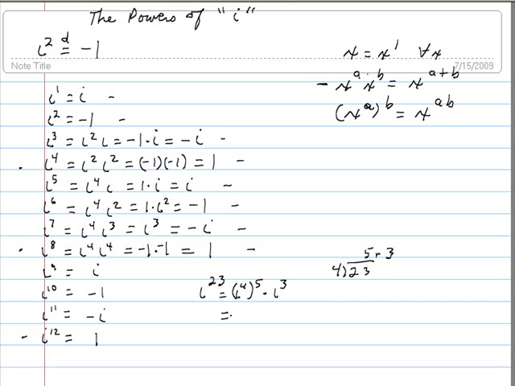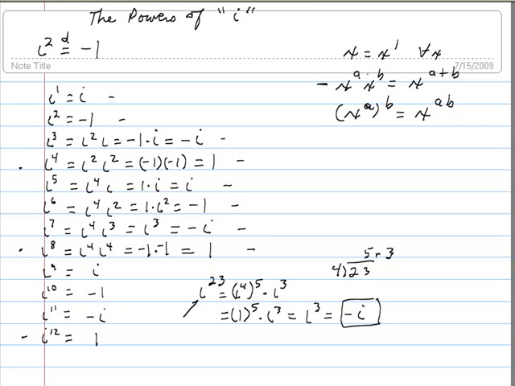Well, i to the fourth is just 1, so that's 1 to the fifth times i cubed, which is just i cubed because 1 to the fifth is just 1. Any number, 1 to any power is 1. So since 1 to the fifth is 1, we get i cubed, and i cubed, according to our rules over there, is negative i.